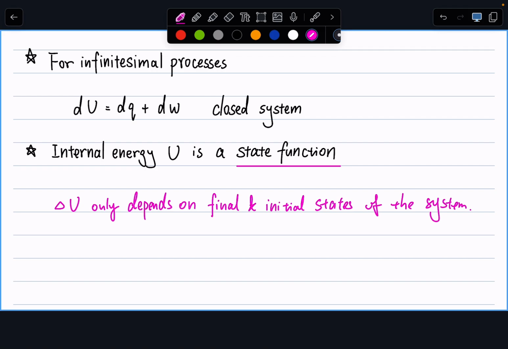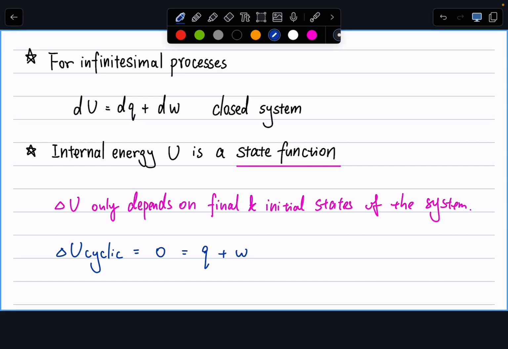But using the relationship that your delta U only depends on the initial and final state, for a cyclic process our delta U equals 0, but it still equals your heat plus work.